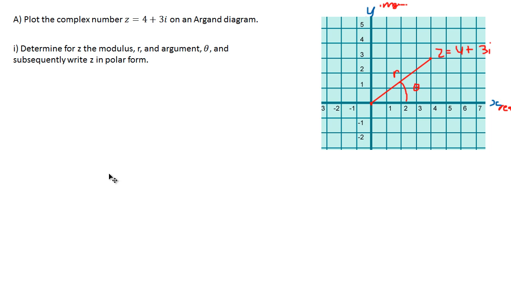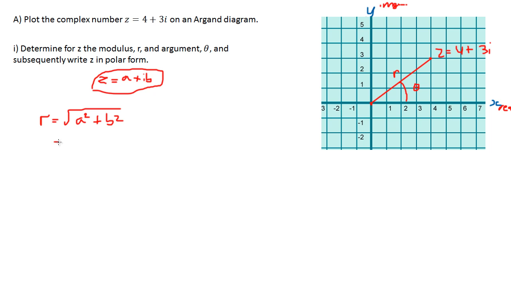The modulus r is given by the square root of a squared plus b squared, for z equals a plus ib. So for this equation, to get the modulus r, we do this.